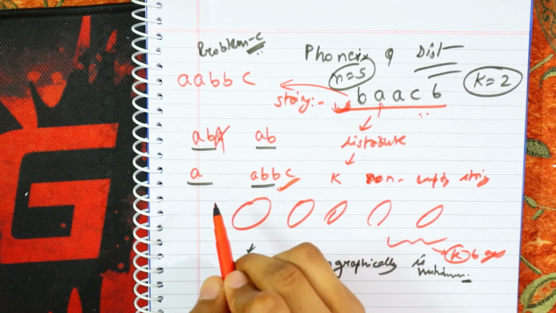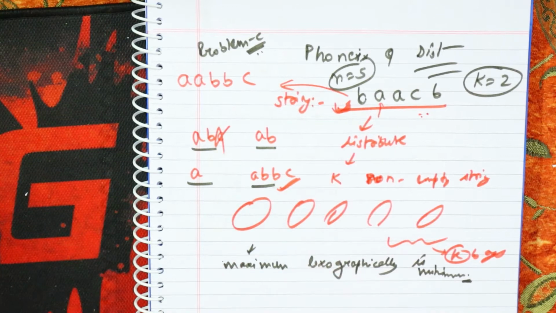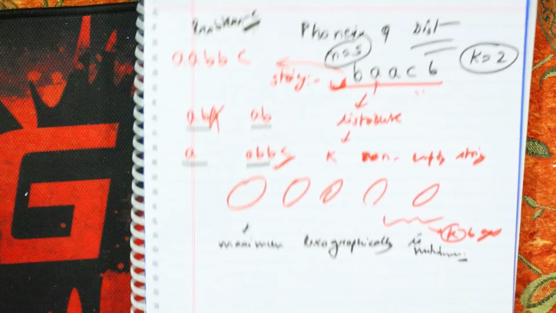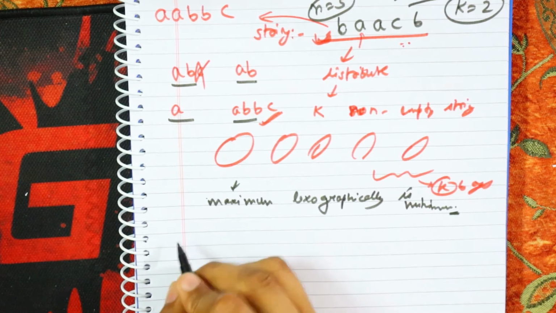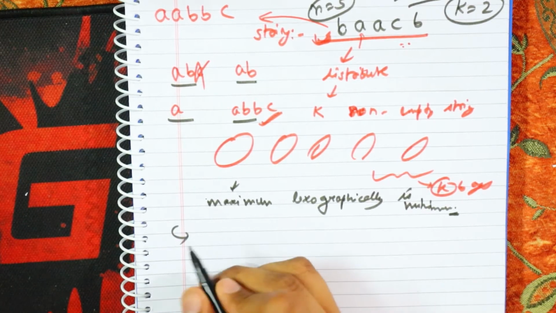Then this A, B, C. Okay, it was a bit tricky, but let's think of other examples also. In the problem statement, the examples are very good actually. If you look at all the examples briefly, you will understand what the edge cases are. So let's go through all the examples.